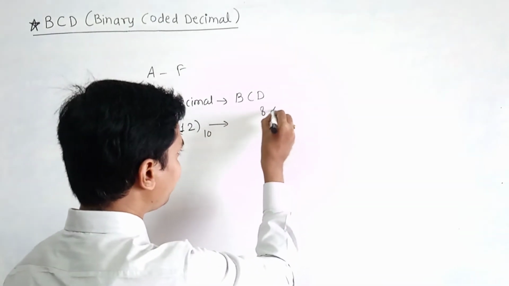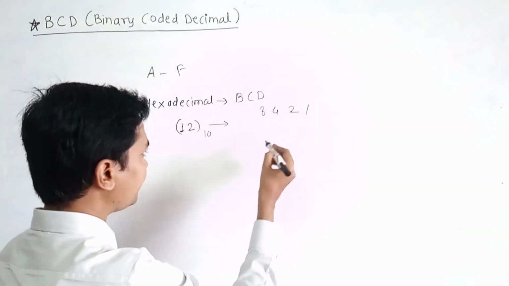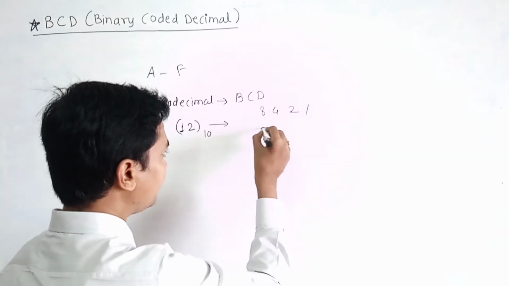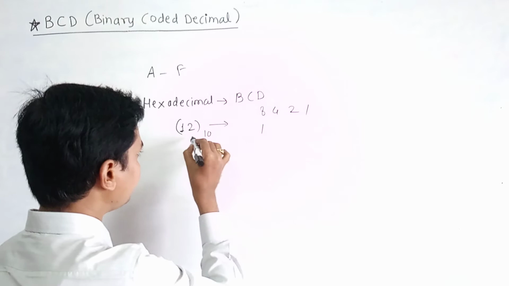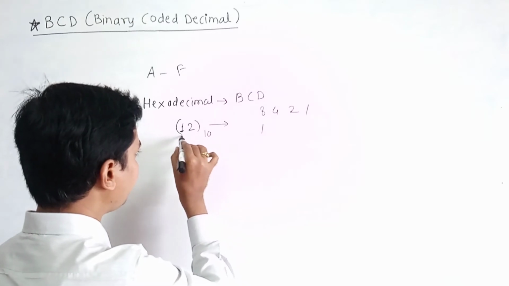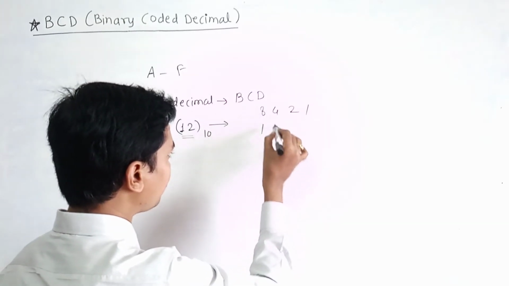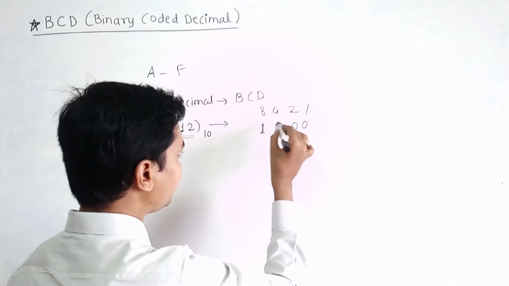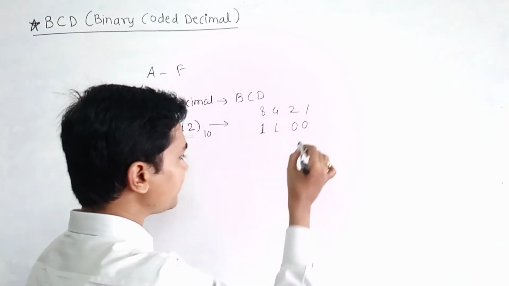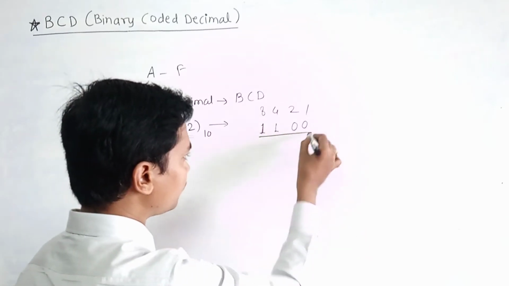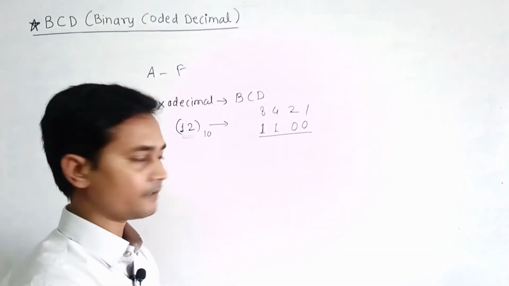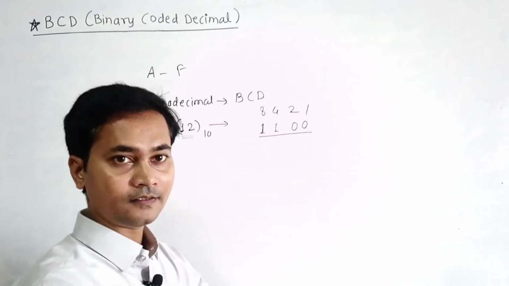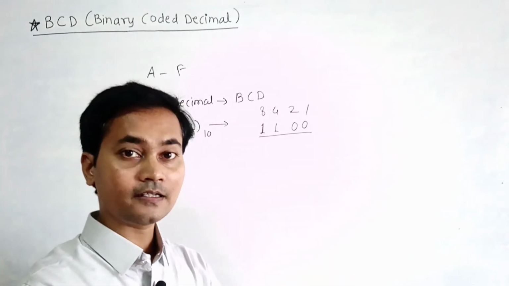In 8421 logic, you can directly make the positions ones as per the number required. Here we want 12, that means 8 plus 4, and the remaining bits should be made 0. So in the 8421 number system we have 1100, but in the binary number system we have the same value. So the 8421 number system is different and regular binary is different.